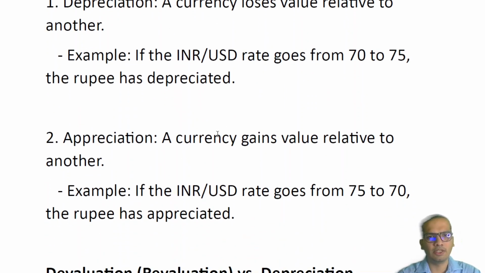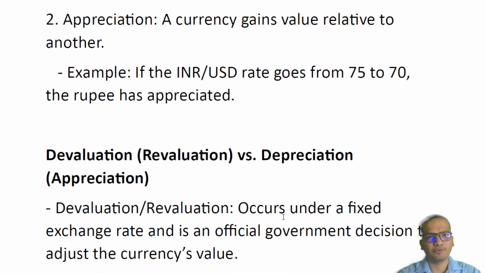Similarly, appreciation: a currency gains value relative to another. Example: if the India-USD rate goes from 75 to 70, the rupee has appreciated. In the first case, the USD has appreciated. In our second case, the rupee has depreciated and the USD has appreciated.